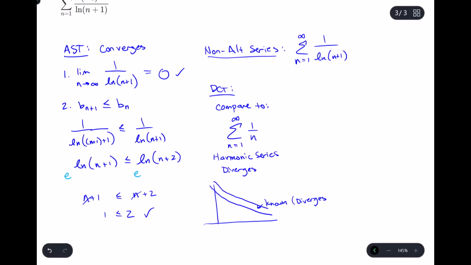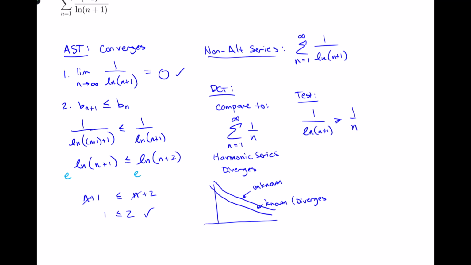So we need this to be our unknown series. Okay, so I would need all the terms in the unknown to be greater than or equal to all the terms in the known sequence.